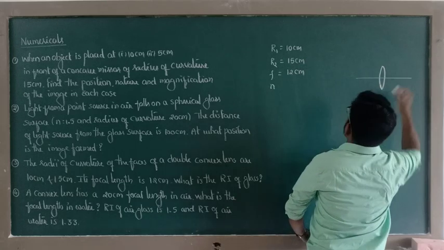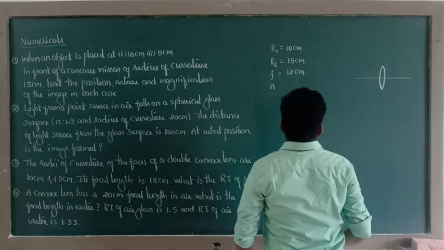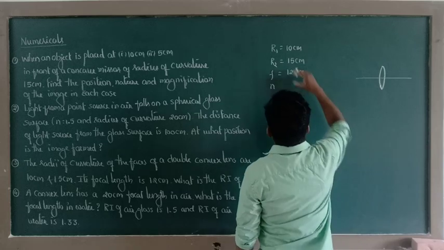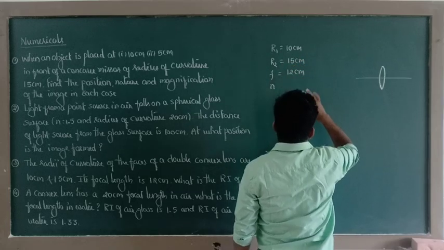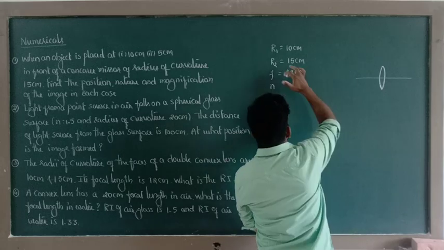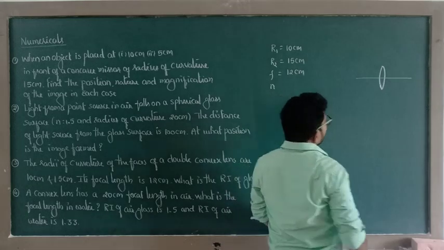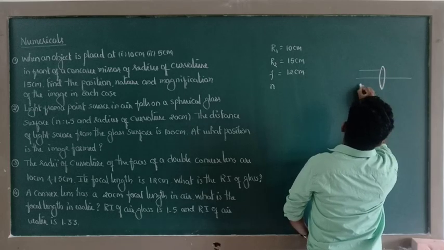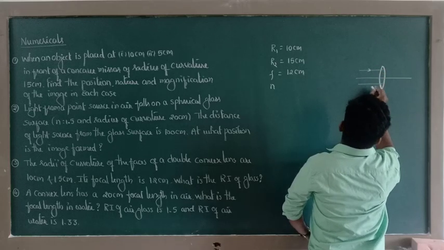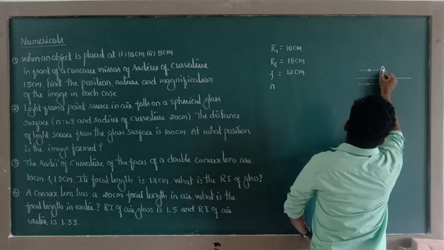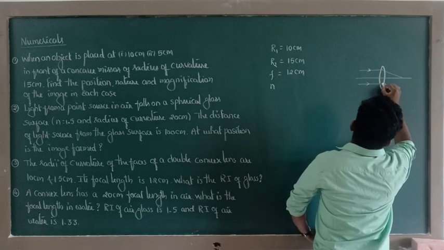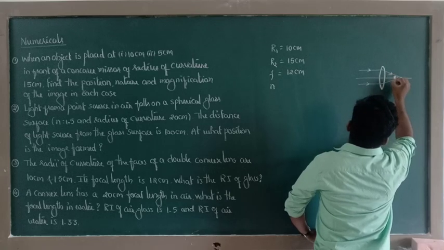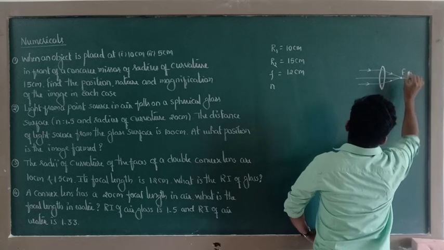Principal axis. The focal length of this convex lens is in terms of positive sign. If you consider a beam of light going left to right, in the direction of incident light, after refraction the refracted light rays are going to meet at some point, and that point is known as the principal focus.